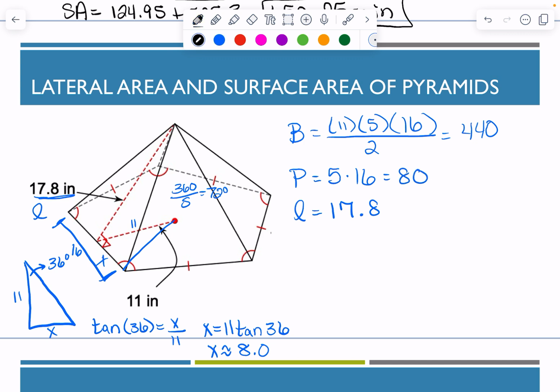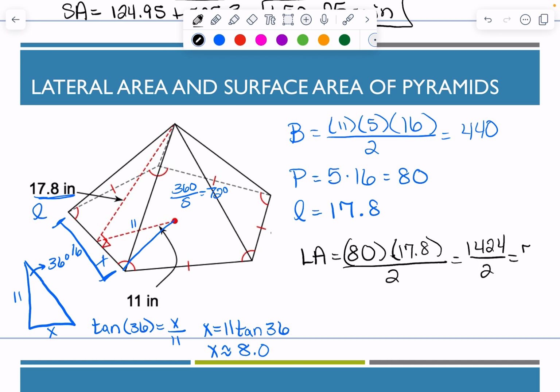So now we are ready to find the lateral area. The lateral area, remember, is your perimeter times the slant height, and then we're going to take that and divide it by 2. So 80 times 17.8 gives me 1424. We're going to take that divided by 2, and that would be 712 square inches.